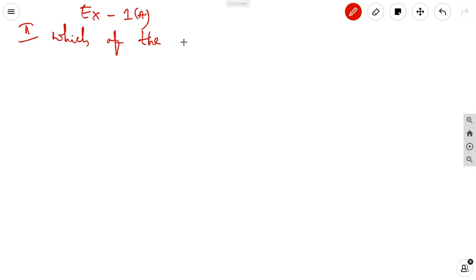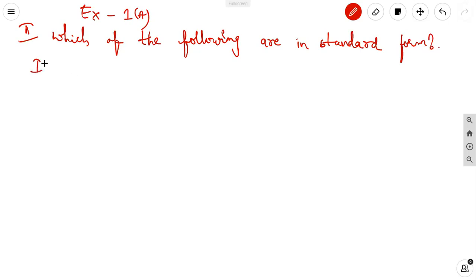Which of the following are in standard form? If they are not, convert them into standard form.